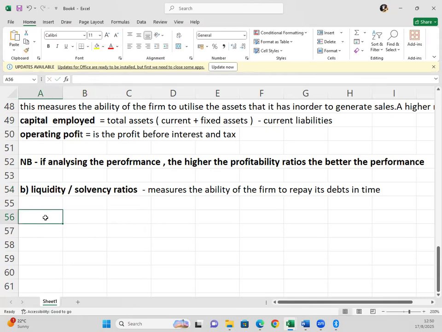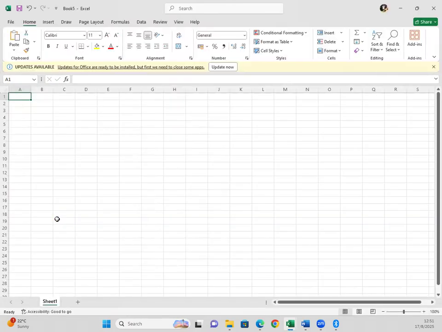The first solvency ratio we're going to talk about is the current ratio. We are measuring the ability of the business to pay those it is owing.